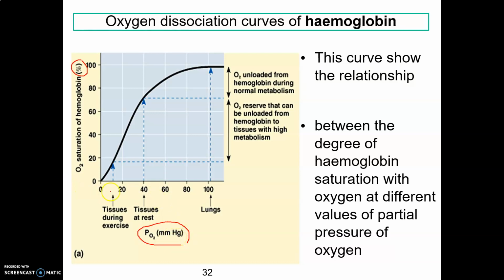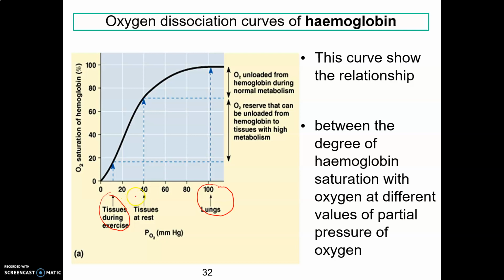Okay, dan dekat bawah ni dia adalah different at a different location. Kalau you tengok, if you look at it, okay, dekat lung memang kita akan tinggi with partial pressure of oxygen. That's why almost 100%. Okay, dekat tissue pula in respiring tissue during exercise memang sangat low in partial pressure of oxygen. But tissues at rest pun kita ada, cuma dia tidaklah terlalu kurang dia punya partial pressure of oxygen.